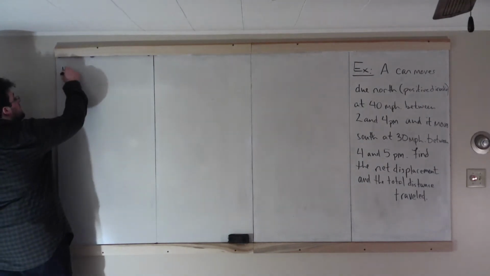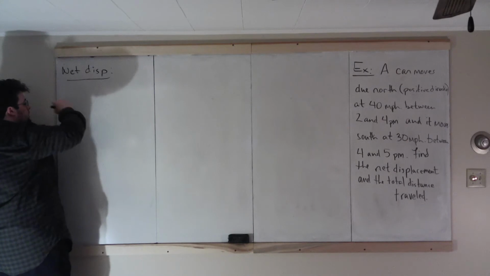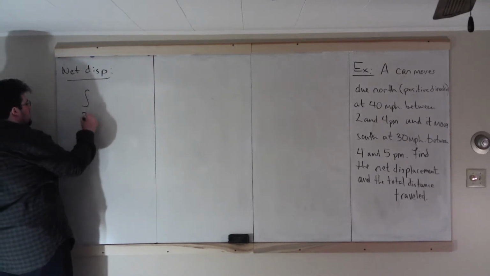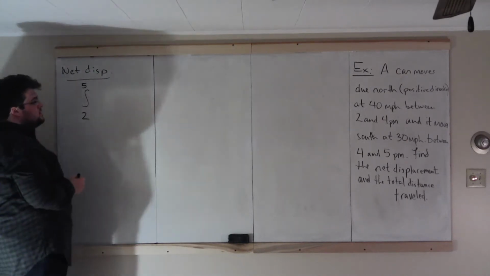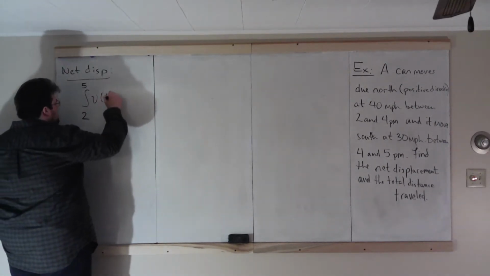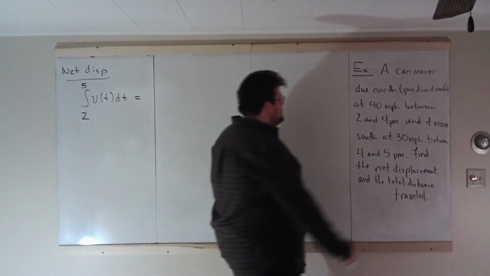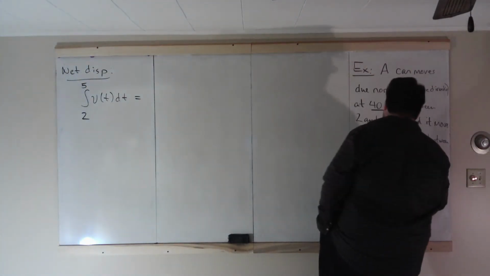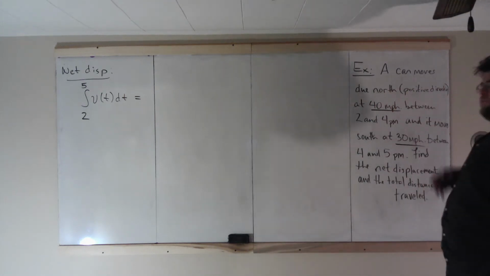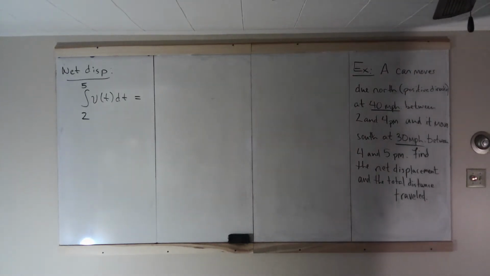So net displacement is the integral from 2 to 5 of our velocity function, v of t, with respect to t. Now our velocity is defined in two different pieces. Well, before doing calculus, we can answer both questions without doing calculus.